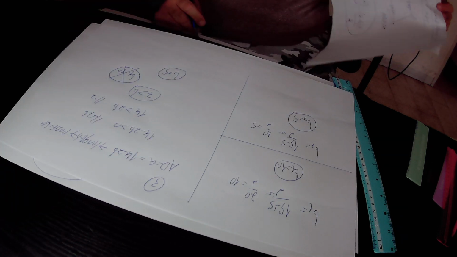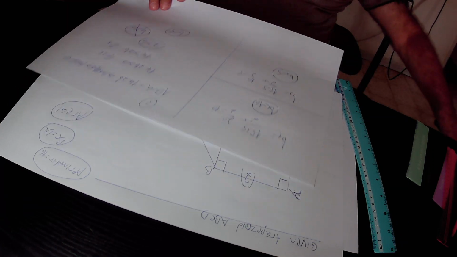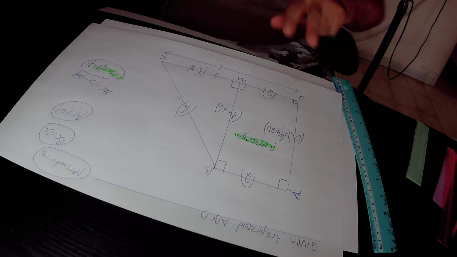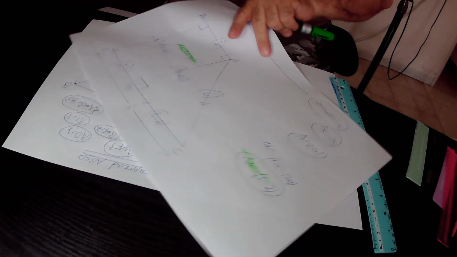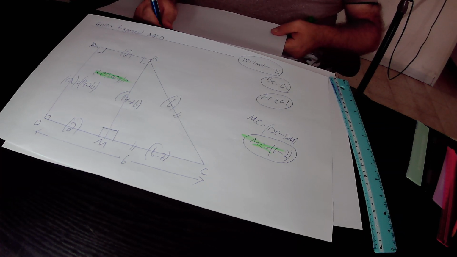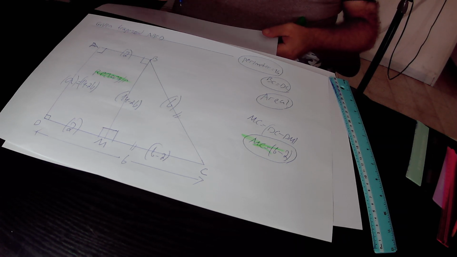So, according to the formula, the area of this trapezoid ABCD will be equal to the sum of its two parallel bases.